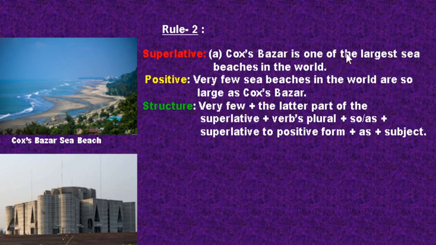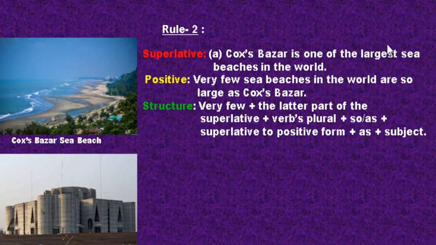Then after one of the, you have to use the later part of the superlative form, that is sea beaches in the world. Very few sea beaches in the world.